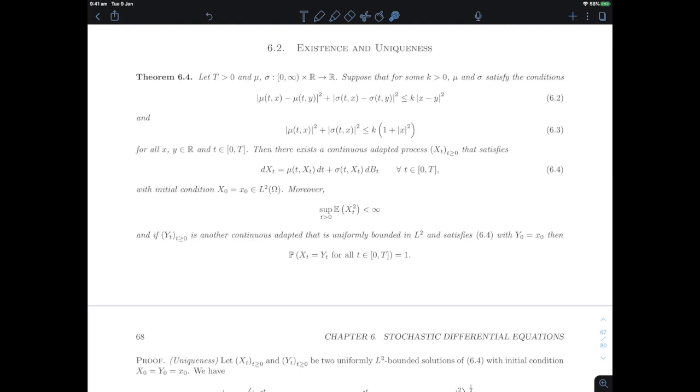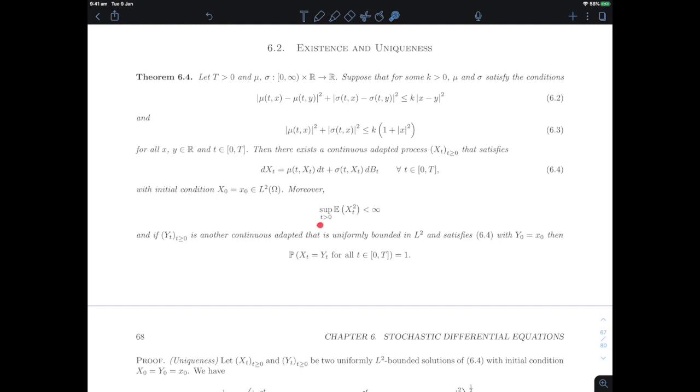Now, do we know anything more besides the fact that the process is continuous? Yes, you can also show that this solution that you construct gives you an L2 random variable at every time t, and the L2 norms of X(t) are uniformly bounded with respect to t.